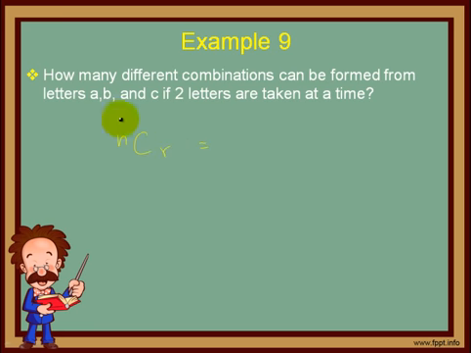Pila man ang n, number of objects or letters, that's 3, and they are taken or i-arrange sa 2 at a time, so that's 2, and the formula is n factorial, so that is 3 factorial over n minus r, that is 3 minus 2 factorial over r factorial. So ang answer is 3.